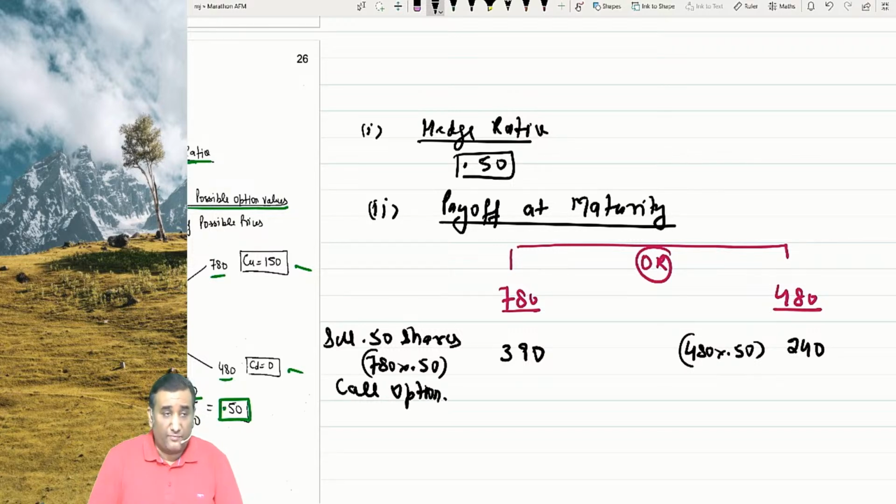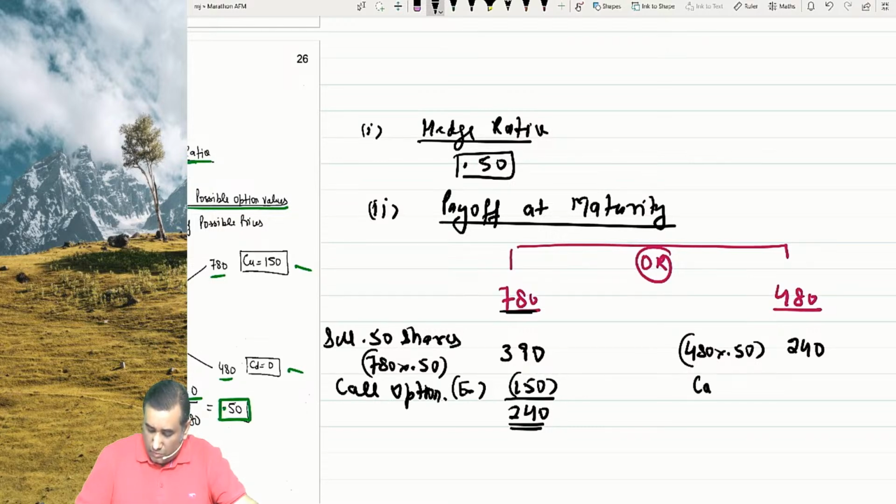It's written, right? We do it from the writer's point of view. In this case, it will be exercised against the writer. What was the rate? 630. 630 becomes 780, how much loss? 150. What is the payoff after 1 year? 240 in both cases, with the call option lapsing in the other case.